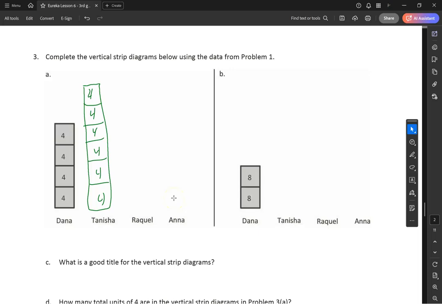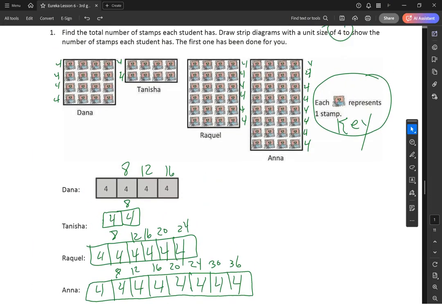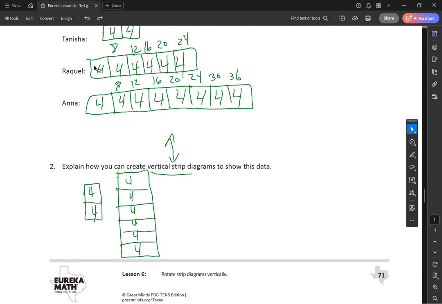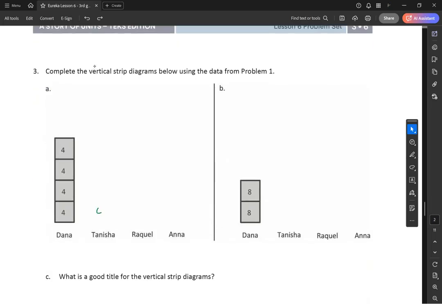Okay, I messed that up. They did the first one for us, and then I skipped the other one. So Tanisha is actually 2 4s. And then this one is the 6th. 1, 2, 3, 4, 5, 6.